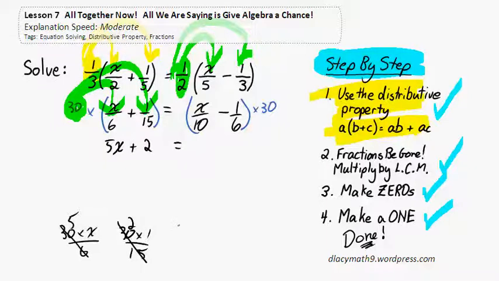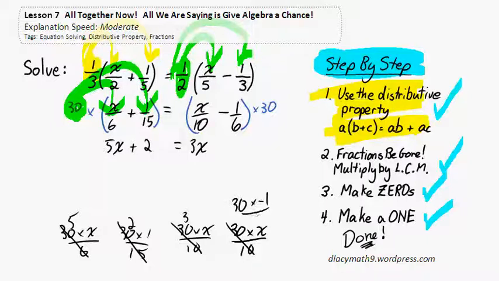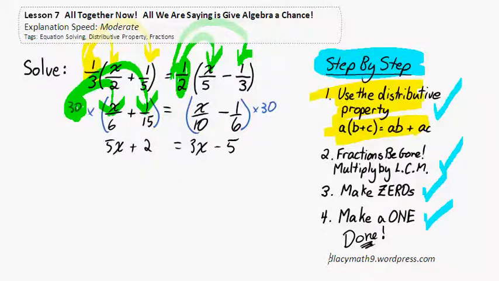On the right, we have 30 times x over 10, which is just 3x. Oh, sorry, we have 30 times negative 1 over 6, which is 5 times negative 1, or negative 5. Well, this equation looks much simpler now.